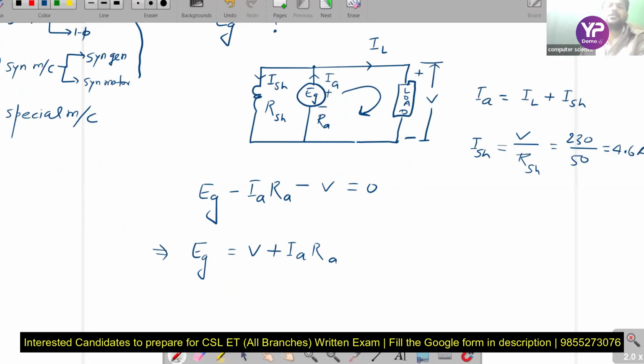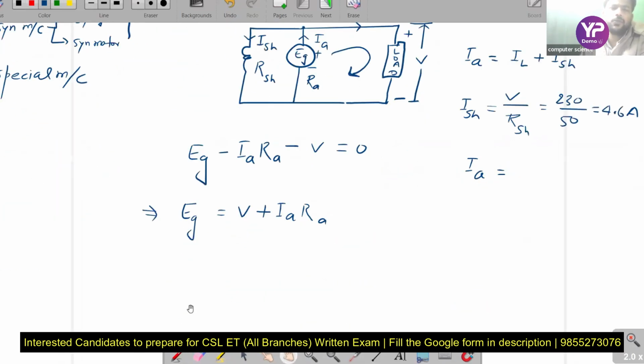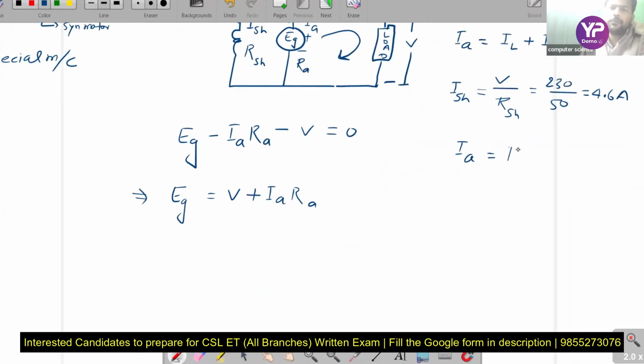Now IA equals IL plus ISH. IL is 450, so 450 plus 4.6 equals 454.6 ampere. This is the armature current IA.